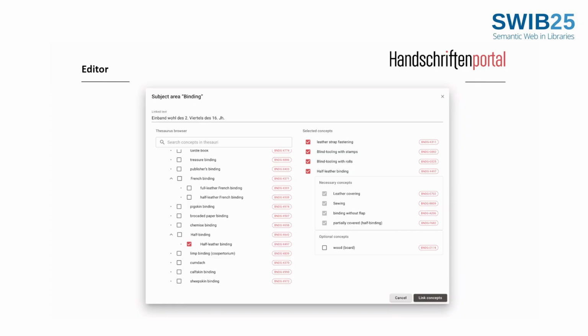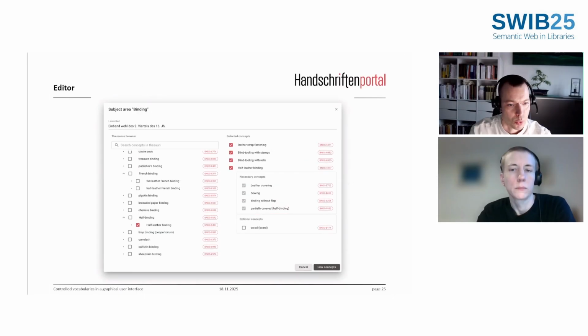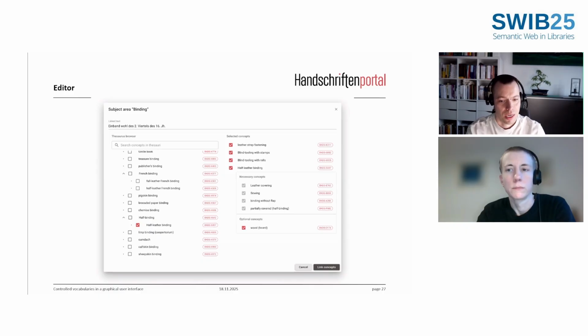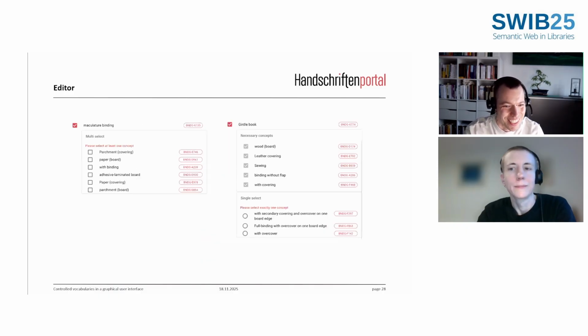You see there that next to the selected concept, you have necessary concepts, which are the key features Nicole mentioned. And below that, you have optional concepts, which can be tagged together with it. Next slide, please.